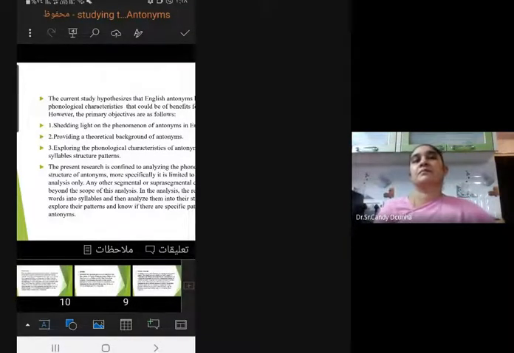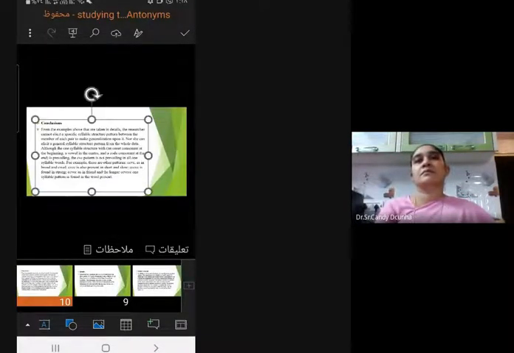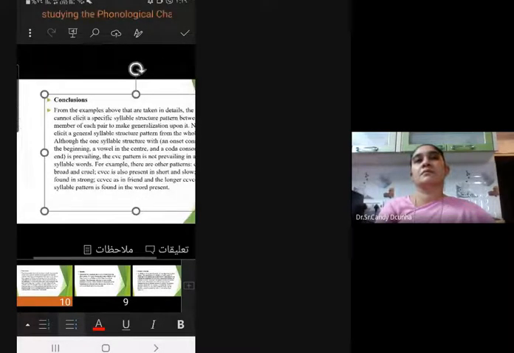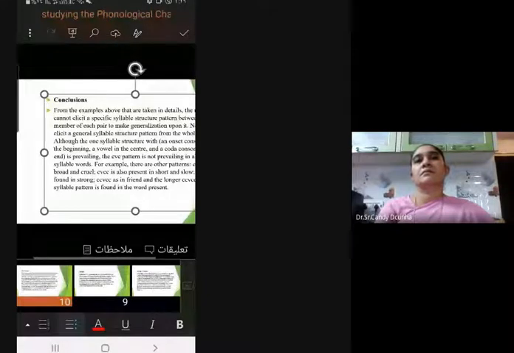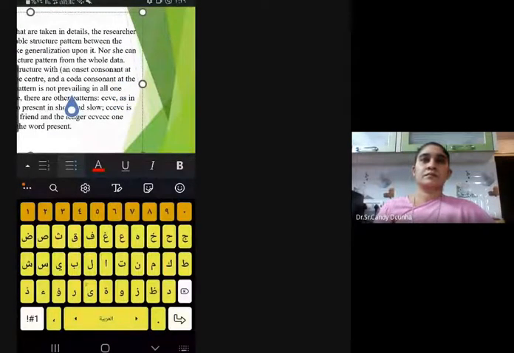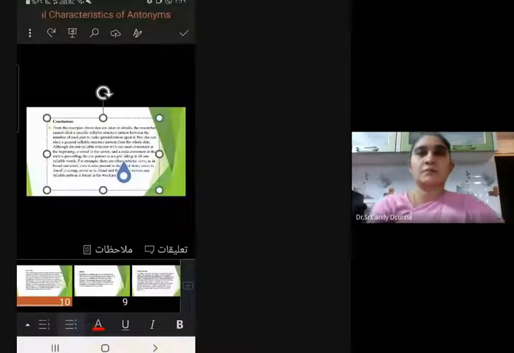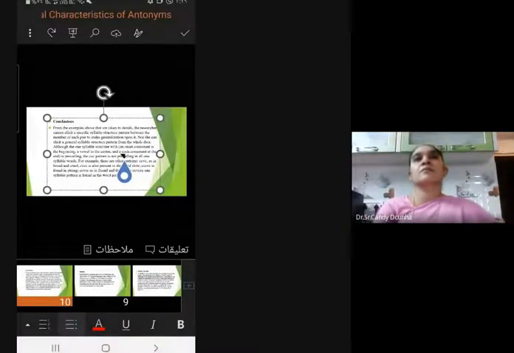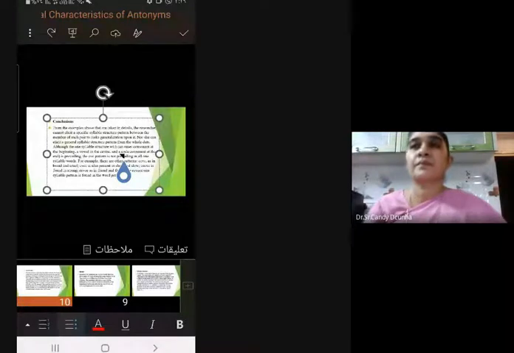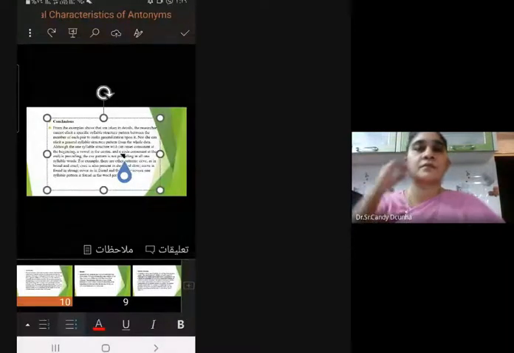I think my conclusion is that from the examples that are analyzed in this study, which are taken in detail, the researcher cannot elicit a specific syllable structure pattern between the members of each pair of antonyms to make generalization upon it.